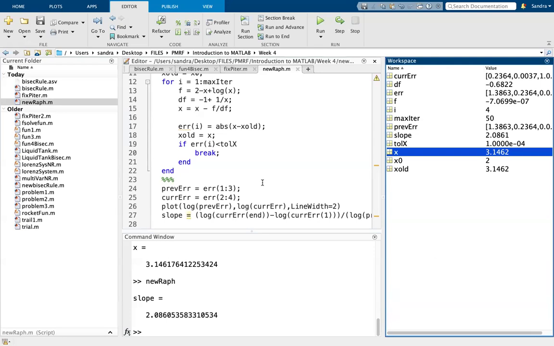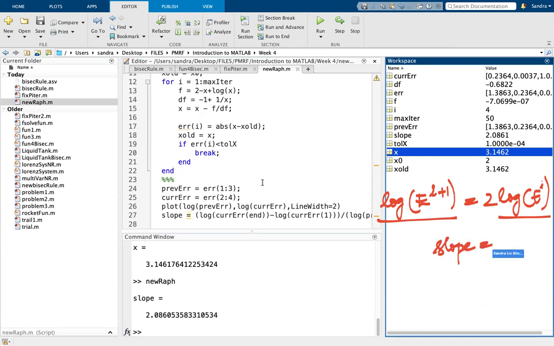So basically you will have log of E_(i+1) is equal to 2 times log of E_i. So you just plot this portion against this portion and calculate the slope of the straight line. It will come out to be 2. Slope will be equal to 2.